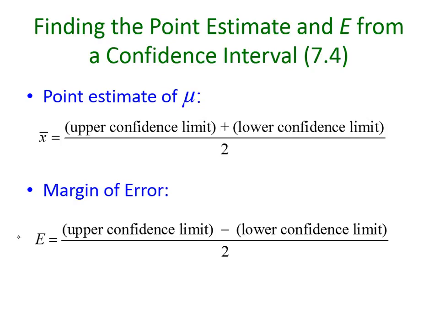So you add the extremes and divide by 2, because it's your middle value. If I'm wanting my margin of error, how far off would I need to add and subtract to get those limits? You take your biggest value minus your smallest value, cut that in half, and that tells me what I would add and subtract. So again, this is something we've done before when we were working with the z-intervals.